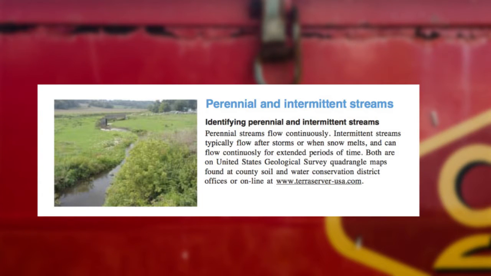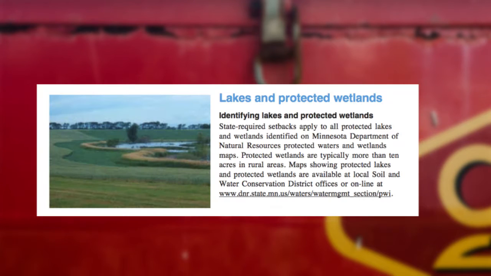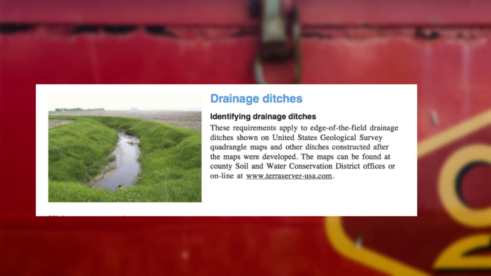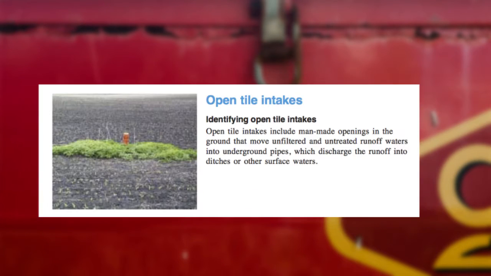Perennial and intermittent streams. Intermittent streams typically flow after storms and when snow melts, and can flow for a continuous amount of time. Lakes and protected wetlands. Protected wetlands are typically more than 10 acres in rural areas. Drainage ditches. Setback requirements apply to edge of the field drainage ditches. Open tile intakes.